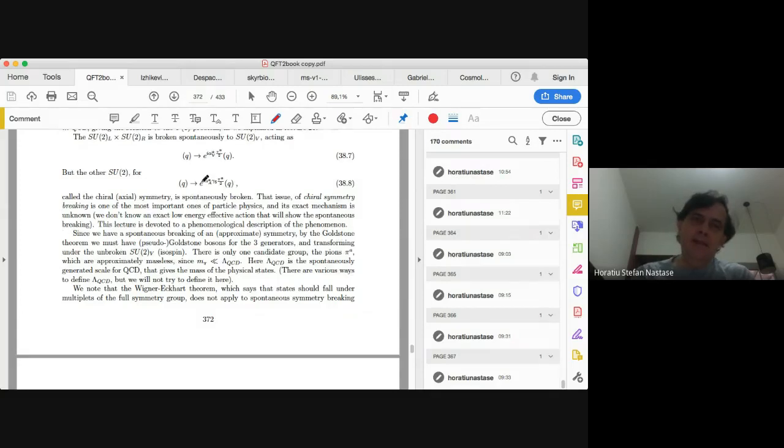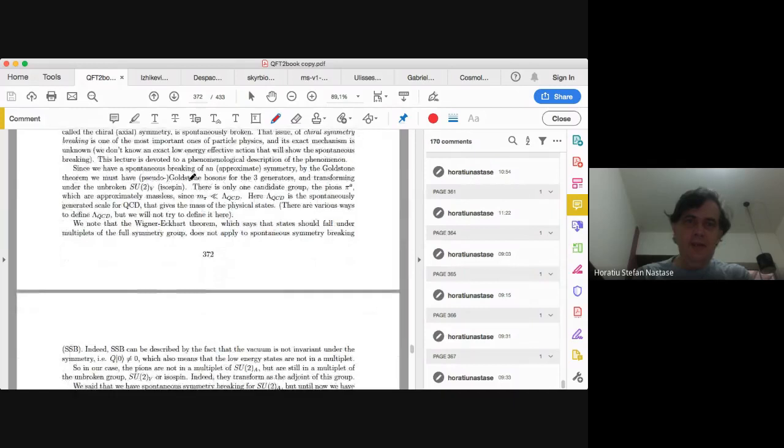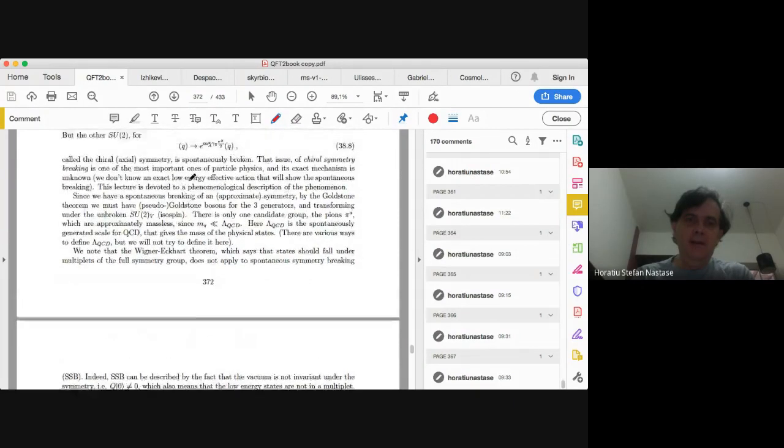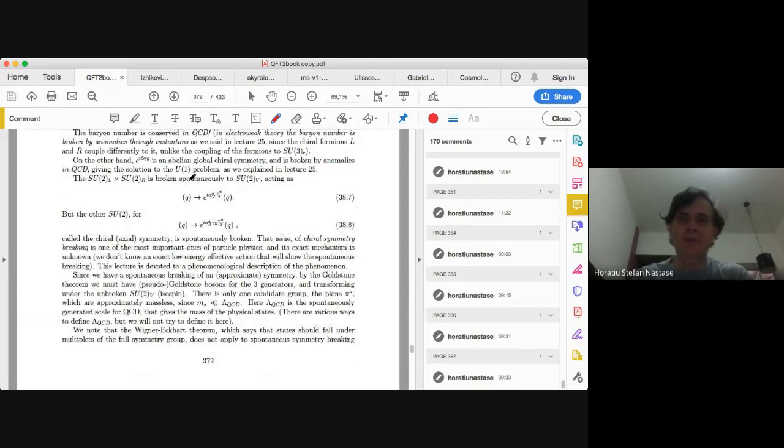Theoretically, you look at low energy QCD and you don't see this. So you know it is spontaneously broken. Moreover, you see the Goldstone bosons associated with it.